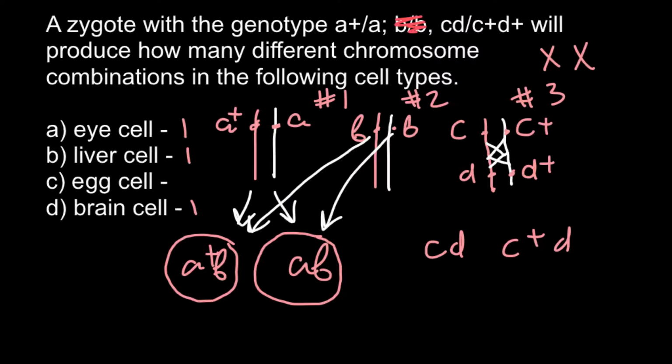And we may have also recombinance as a result of the crossing over. If crossing over would happen once, we would see recombinance as C and D plus, and C plus and D. I forgot to put plus here.